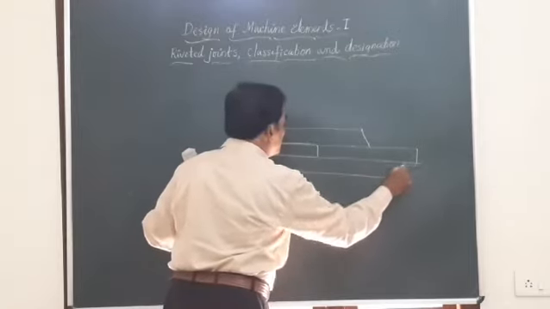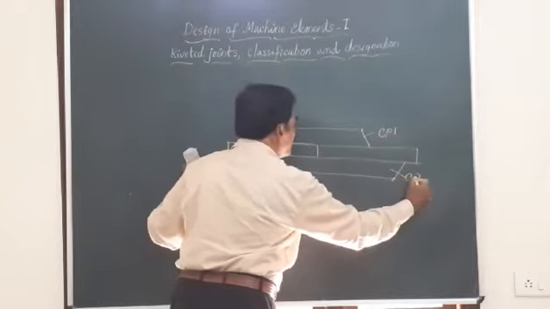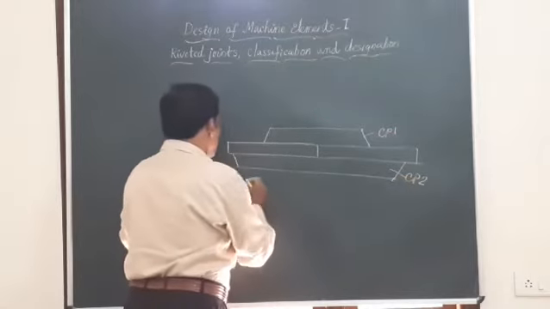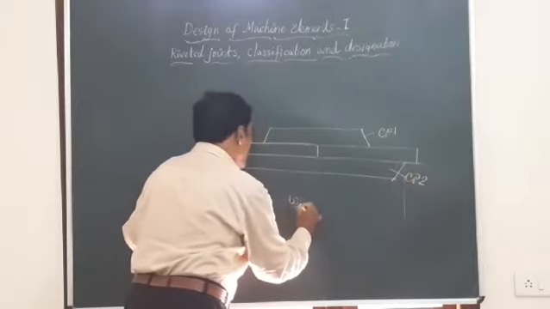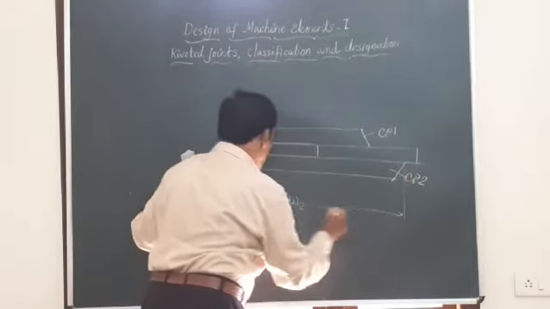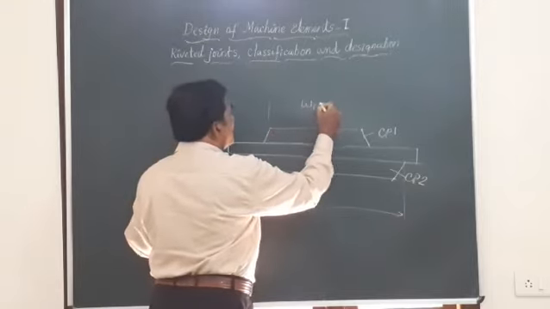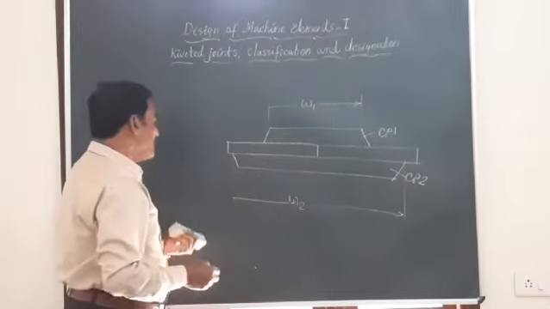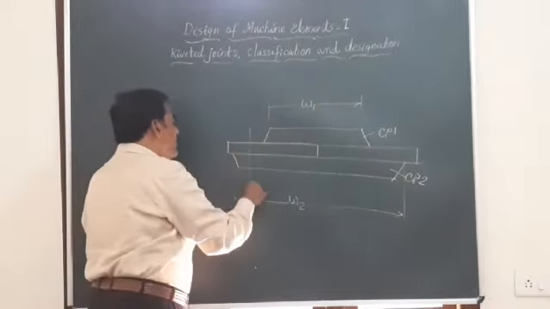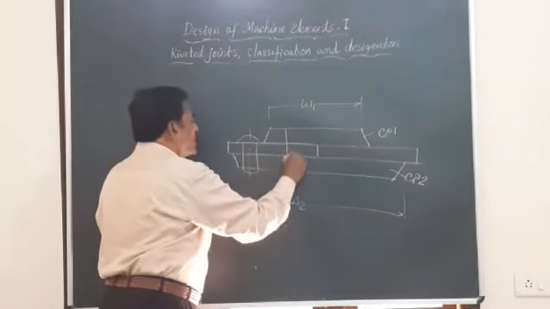That is, this is cover plate 1, CP1, this is cover plate 2, and here you can see this has a width, say W2, the width of the larger cover plate, and this is W1, the width of the plate having smaller width. Suppose you have one row of rivets here and again one more row here.